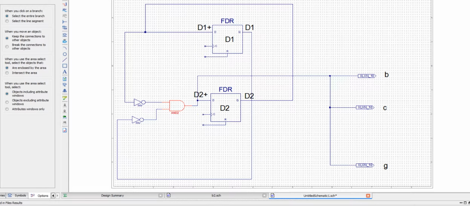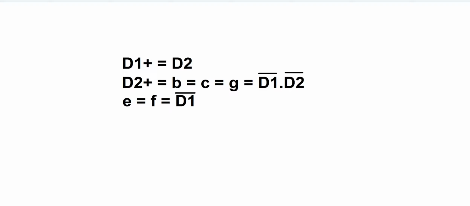And now you see these three outputs are exactly the same, and they come out of this node here. This node goes both to D2 plus and to these three. So this is what the logic equations are. We're following these logic equations. The last one says E equals F equals not D1.